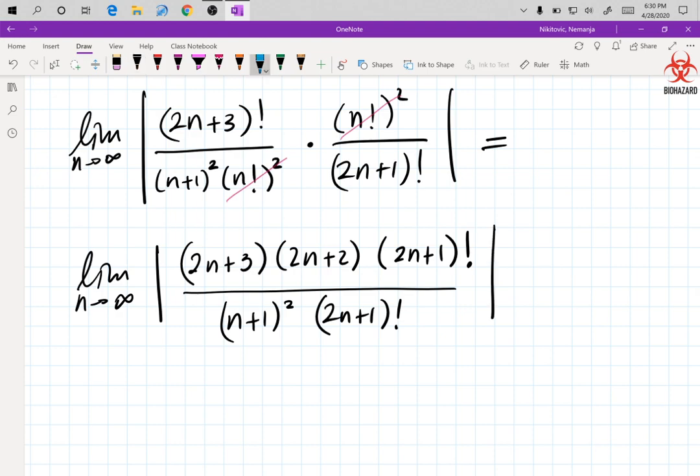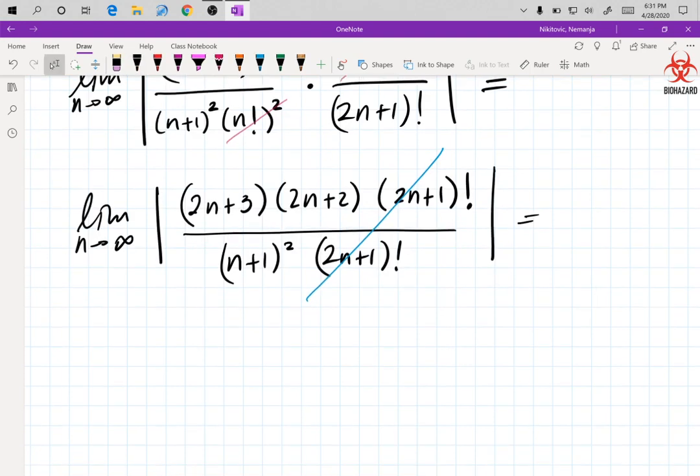So now when those two die, there we go, I am left with, and all of these n's are positive, right, because n starts at 0 or 1 or somewhere and goes to infinity, so we can drop absolute values as well. Limit as n goes to infinity.